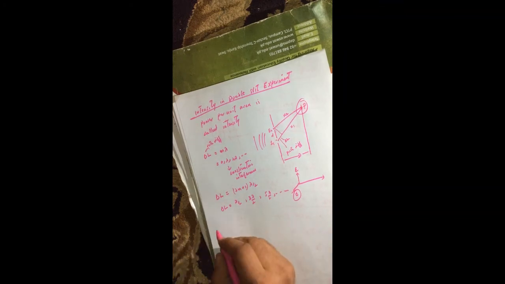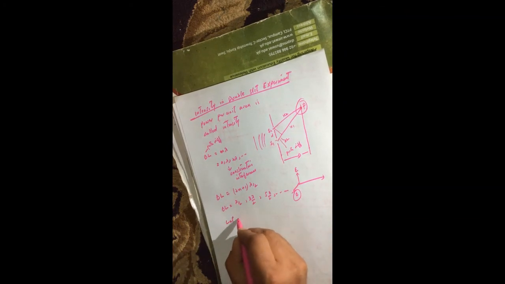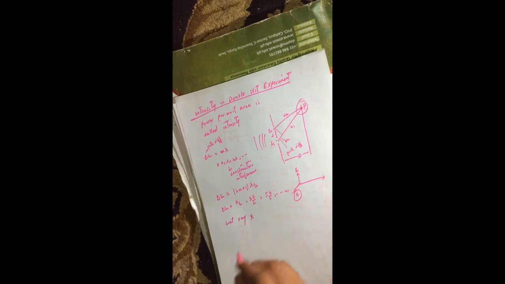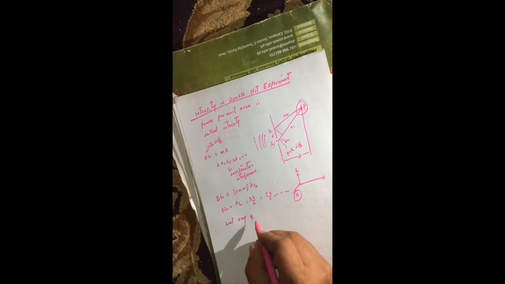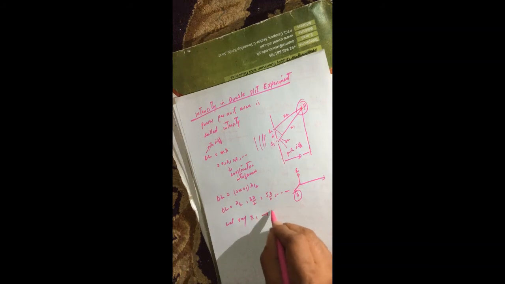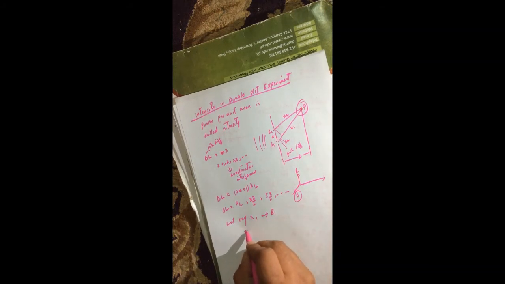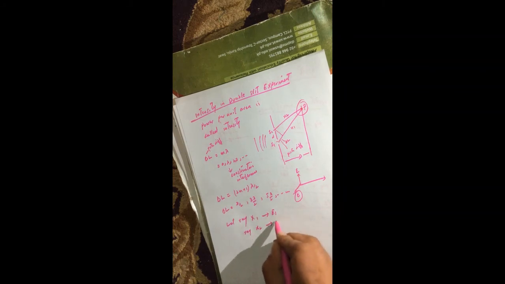The effect of the magnetic field is negligible at point P, so only the electric field has an effect there. Suppose ray x1 has electric field E1 and ray x2 has electric field E2.